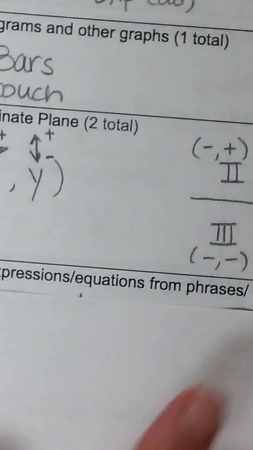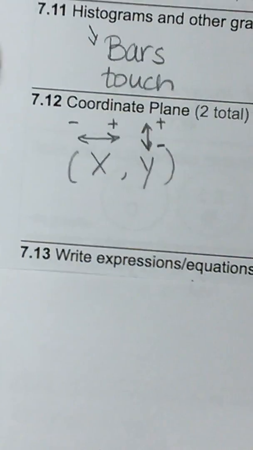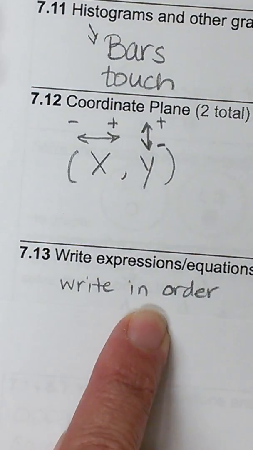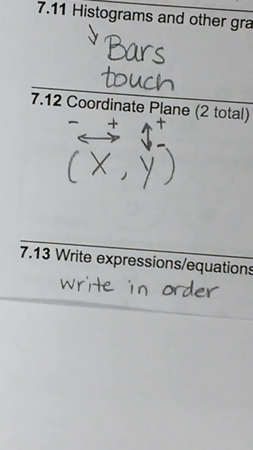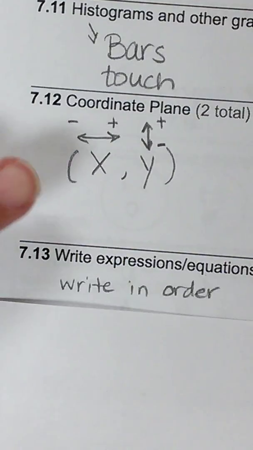On 7/13, these are to write expressions and equations and inequalities, I guess, from phrases and sentences. One thing that I've encouraged you to do is to write in order as best you can, from the words to numbers and numbers to words. So if they're giving you a word problem, you want to, as much as possible, write them in the order that they're given. And then watch out.